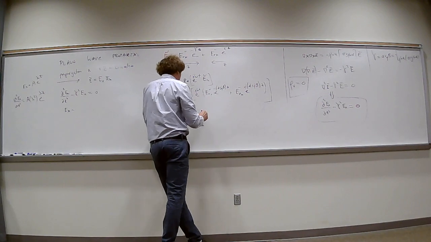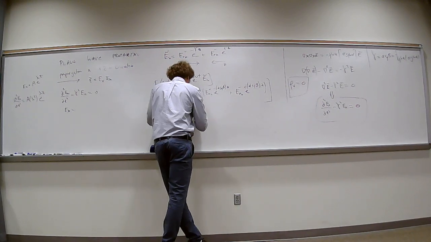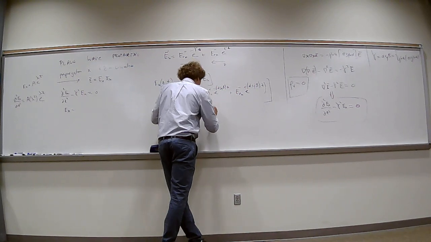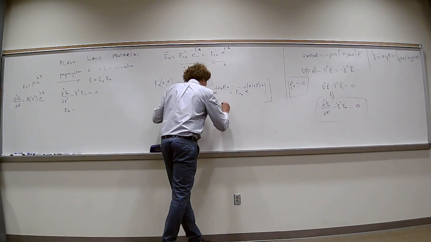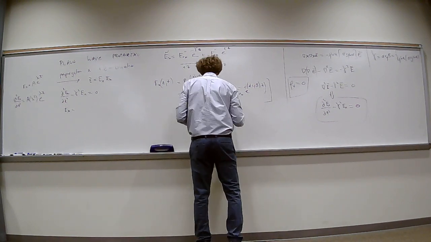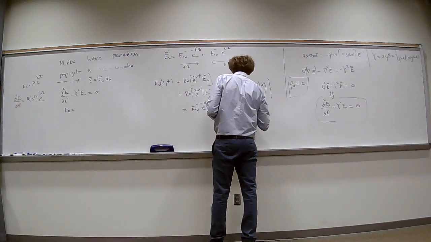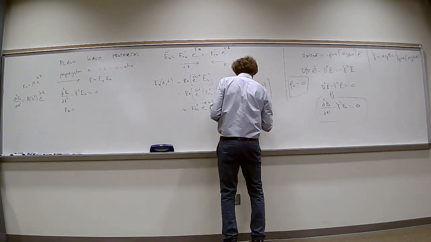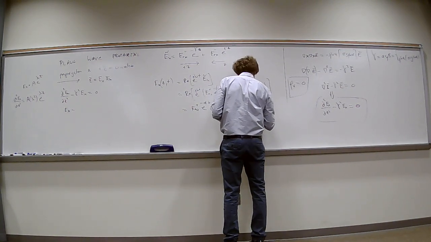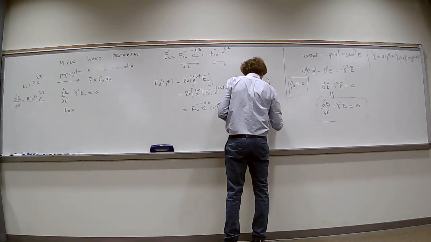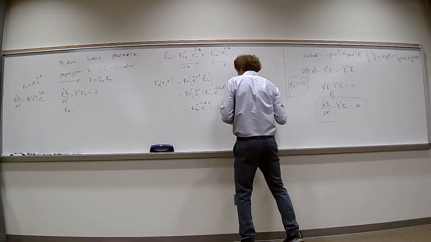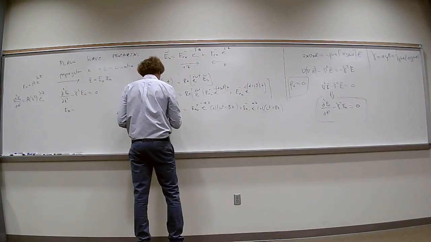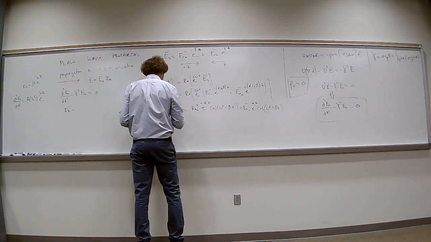So when we do this, we end up with this. We get E naught x plus e to the minus alpha z, and then you're going to get a cosine of omega t minus beta z, plus E naught x minus times e to the alpha z, times cosine of omega t plus beta z, and that is the E field as a function of z and t.